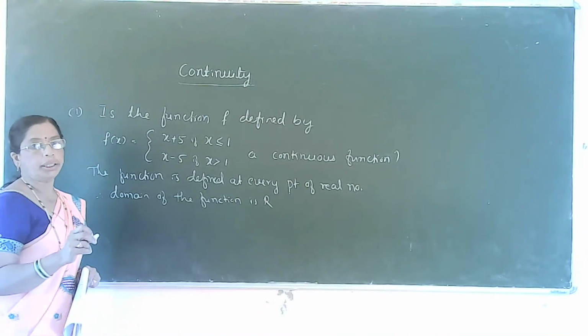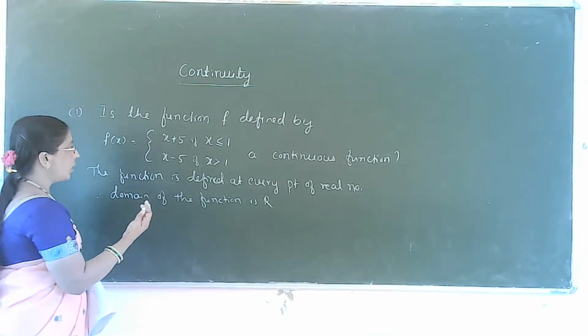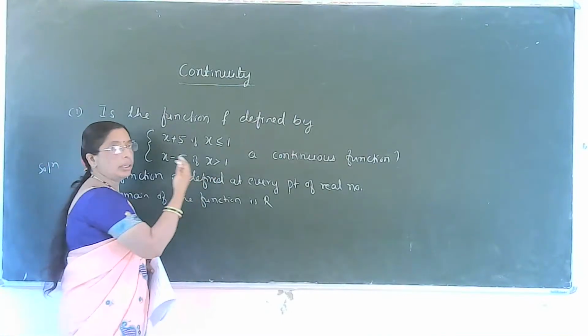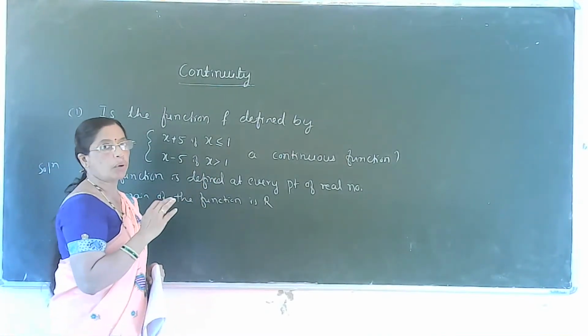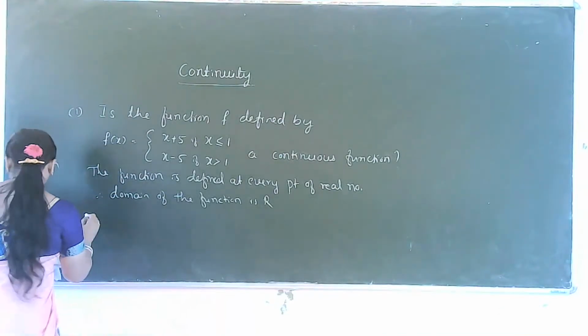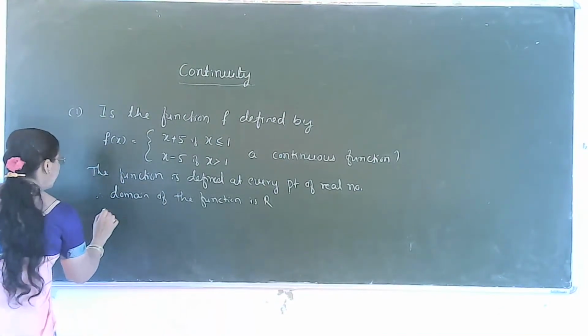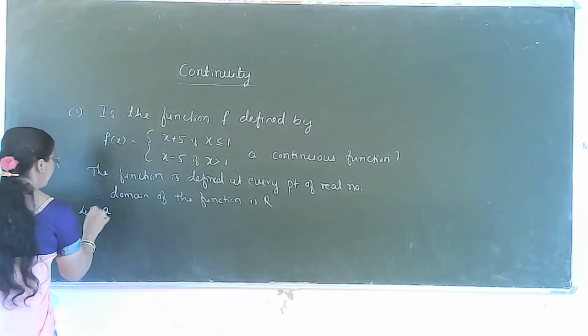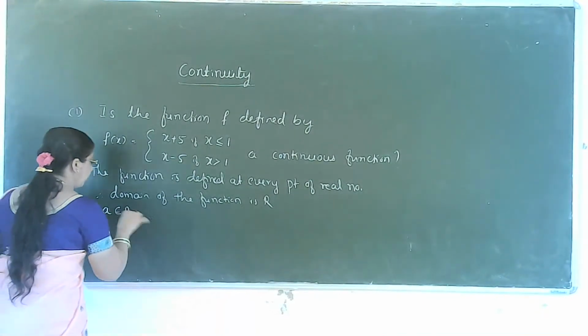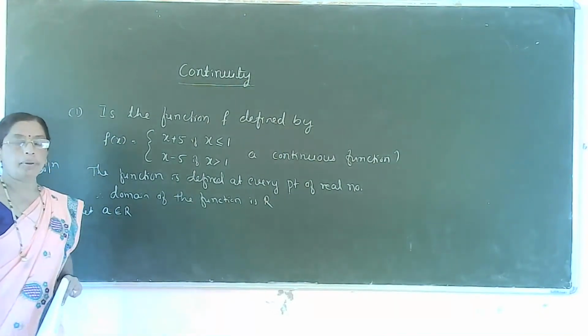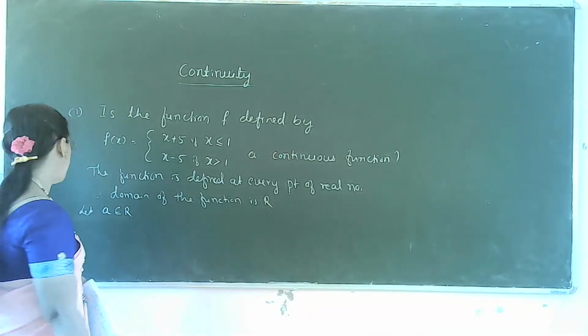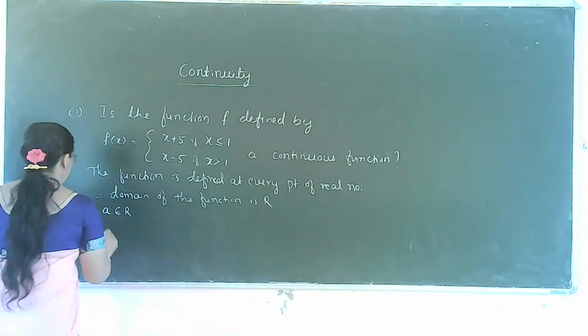And check the continuity when x is less than 1, greater than 1, and x equal to 1. In case 1, let a be a point which belongs to R.